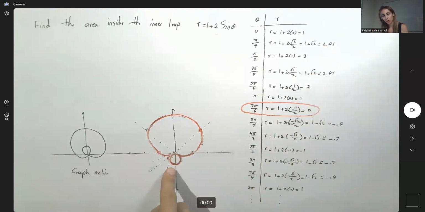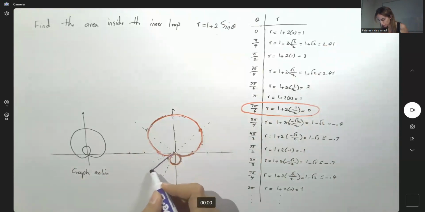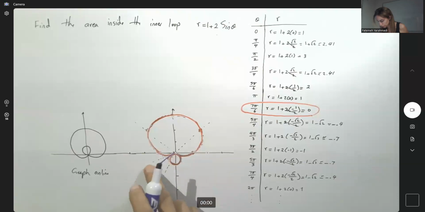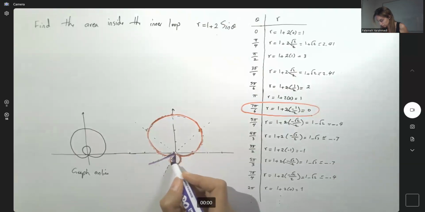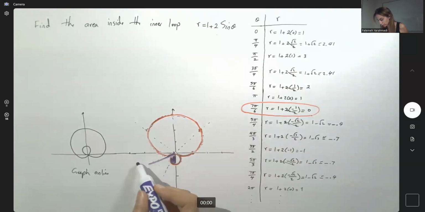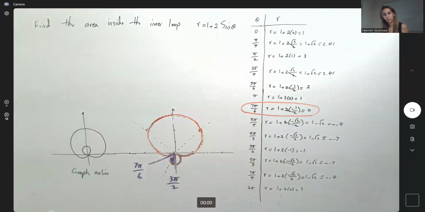So we want to know what this area is. But because of symmetry, you don't have to compute the whole thing. I can just find this little area here, which is bounded by 7 pi over 6 and 3 pi over 2, and then multiply by 2.